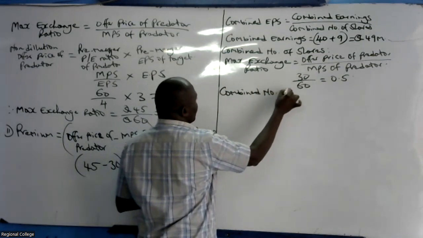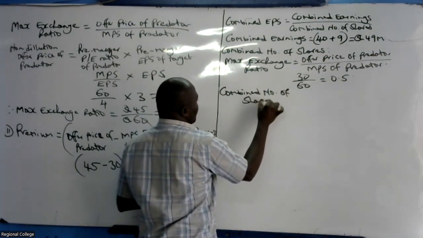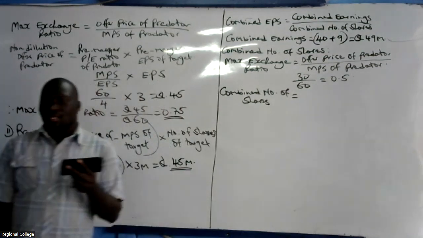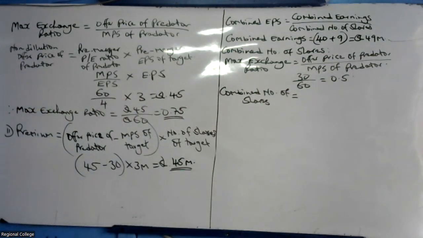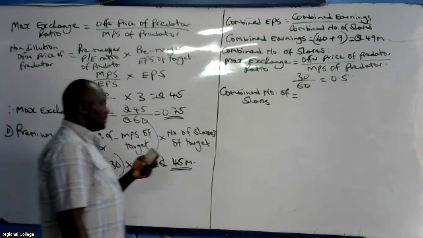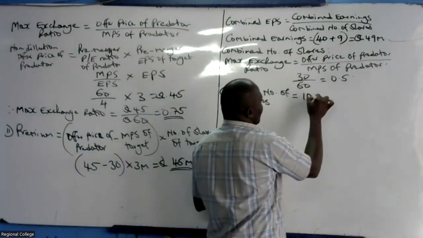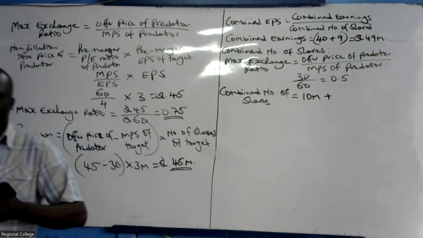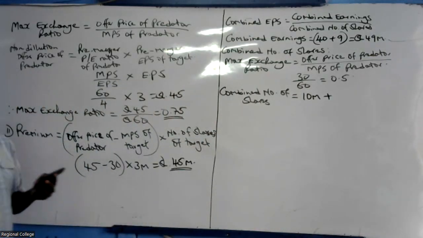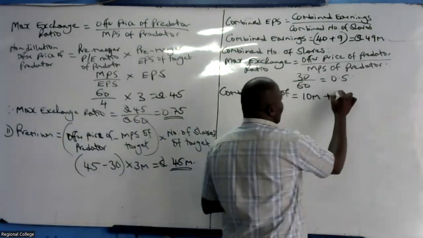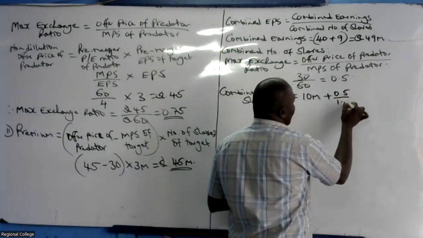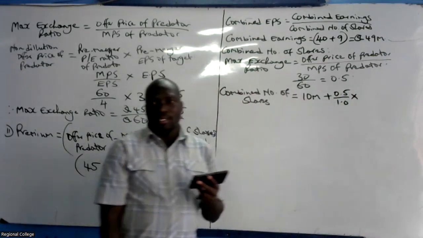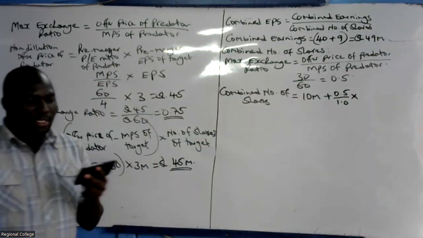So therefore, combined number of shares. From A Limited, we are having how many shares? 10 million. The shares remain intact, 10 million still. And from B, we are giving out 0.5 shares for everyone. Out of how many shares that B has?